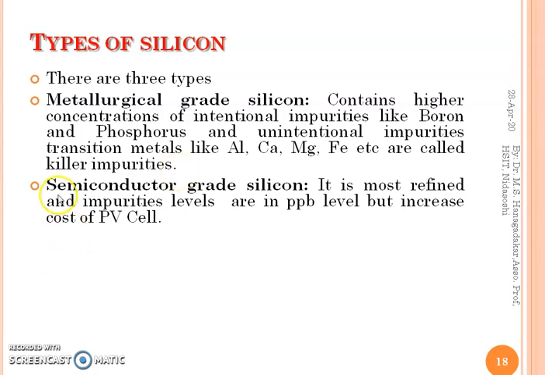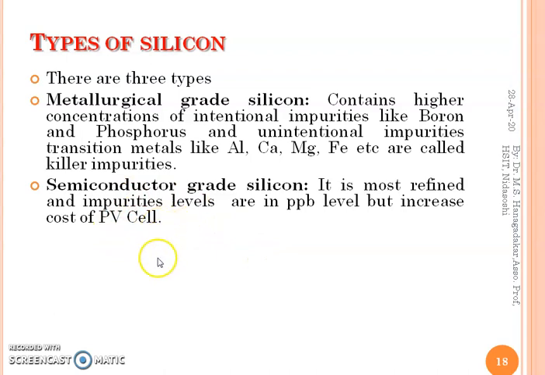Now the second type of silicon we can use is semiconductor grade silicon. How is it prepared? It is the most refined form of silicon, and the impurity levels are brought to a very low concentration, at the parts per billion level. Getting the impurities to such a low concentration increases the cost of the photovoltaic cell.